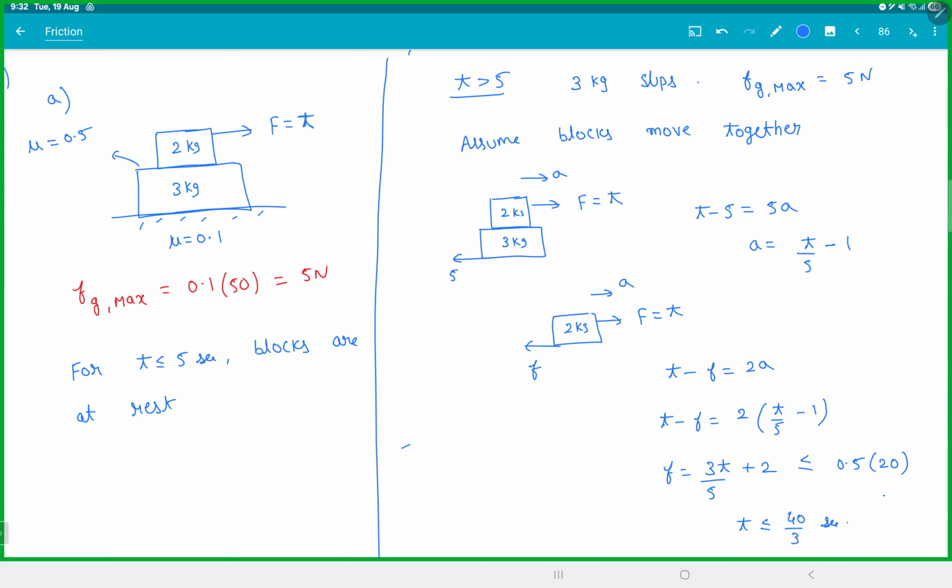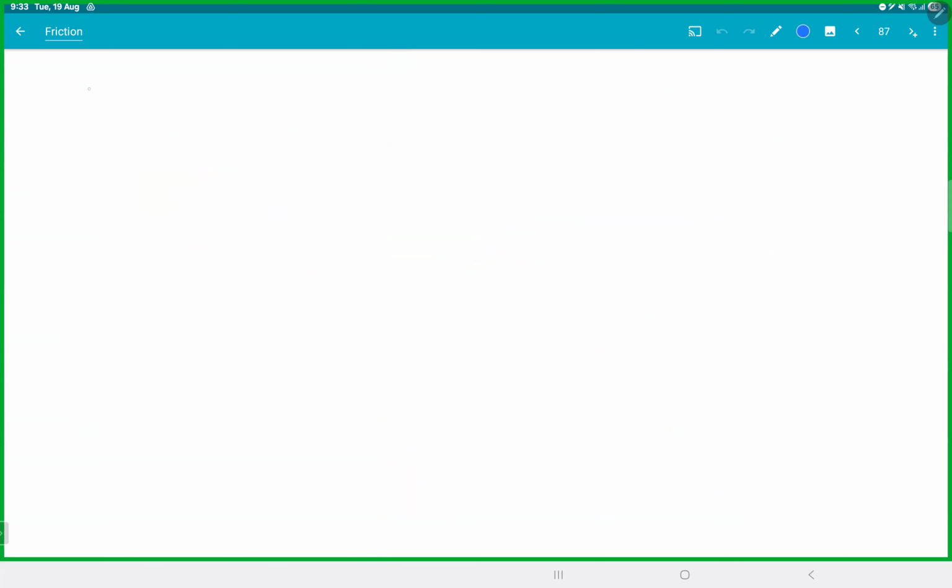Clear with this? So up to 40 by 3 seconds, I think that's around 13.33. They will go together. After 40 by 3, they will slip. And by now you got the process. It is straightforward, even boring. Just keep solving one after another. For t greater than 40 by 3, all surfaces slip.